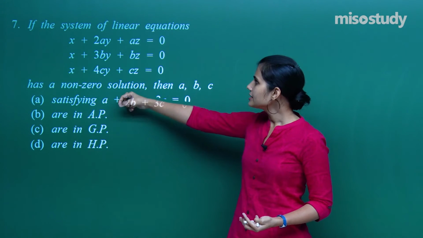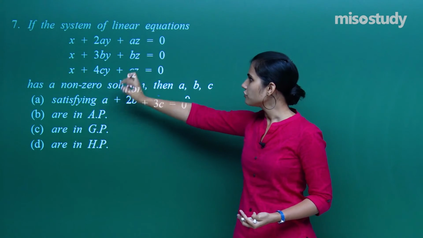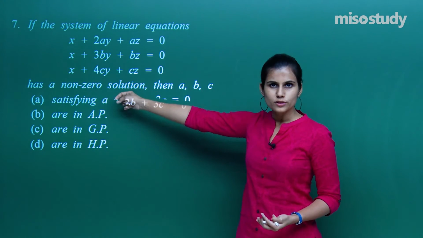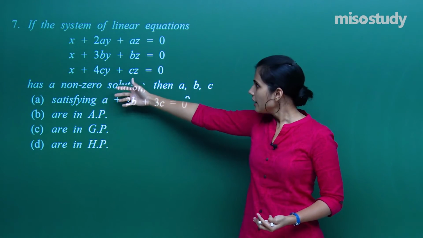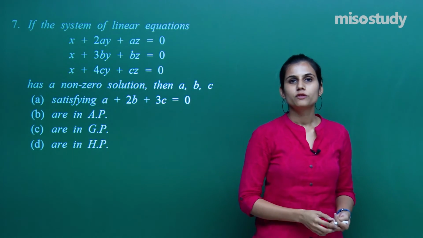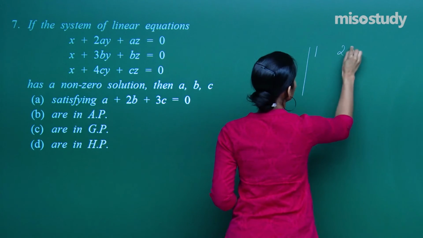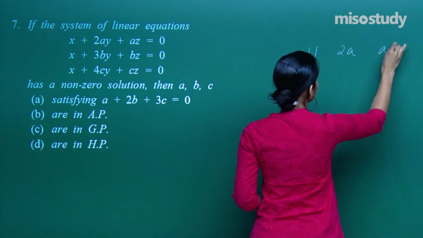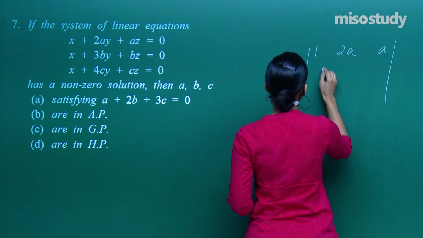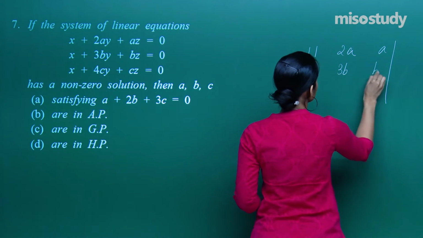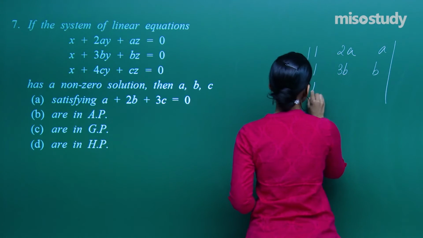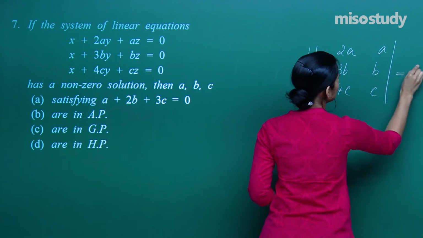So if this homogeneous system of equations in 3 variables has a non-trivial solution, the determinant of the coefficient matrix is 0. So you have 1, 2a, A, then 1, 3b, B, then 1, 4c, C. This determinant is 0.